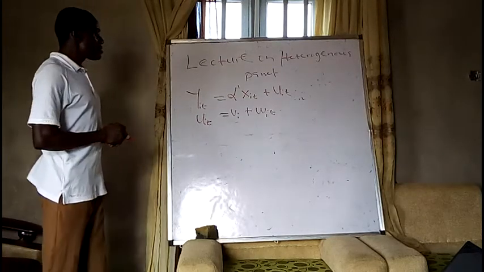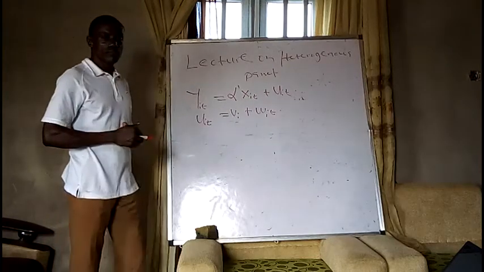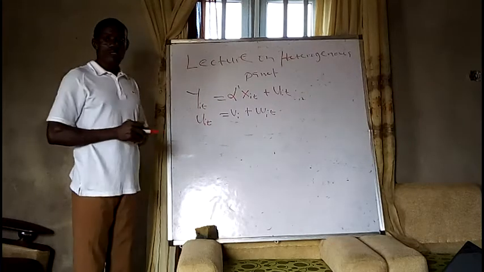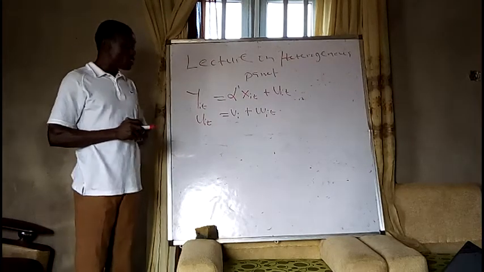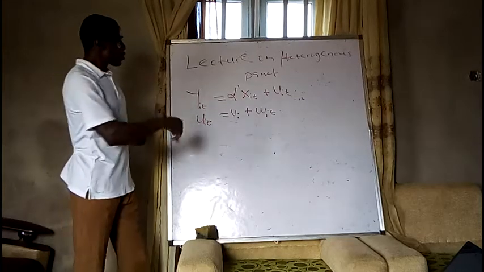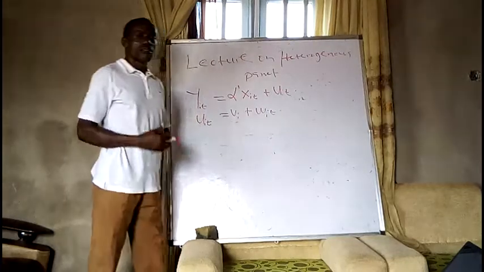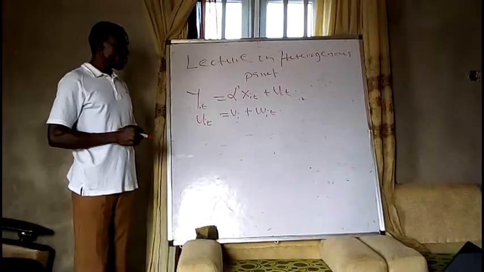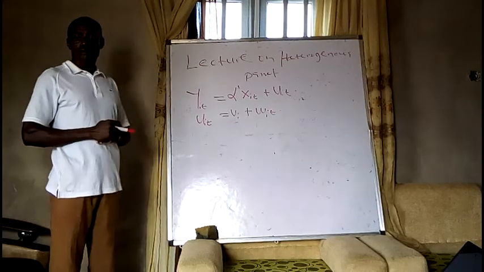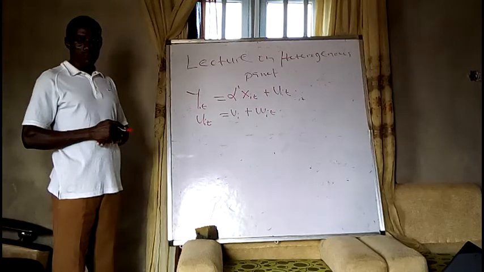Particularly if it correlates with the included variable, then we can use the fixed effect estimation techniques to estimate the model. However, it may not correlate with the disturbance term, W_it. And if it does not, then we can use the random effect estimation techniques to estimate the model.